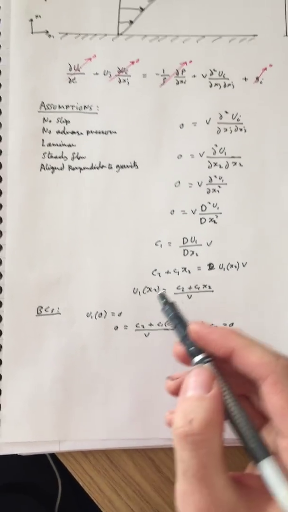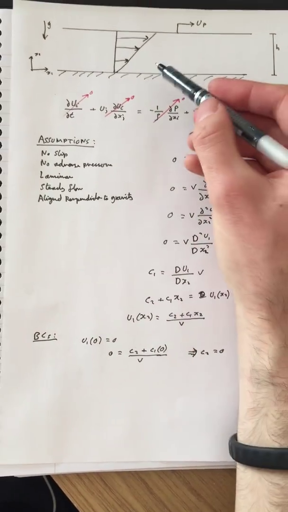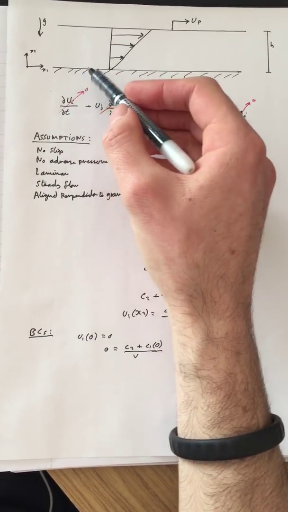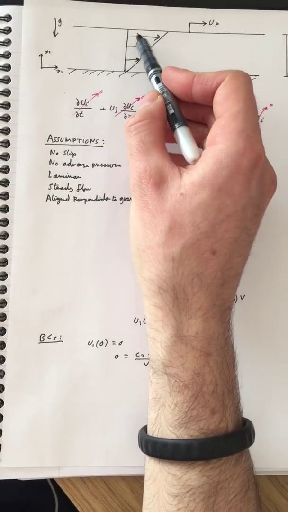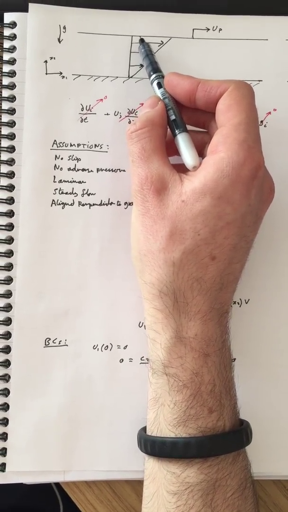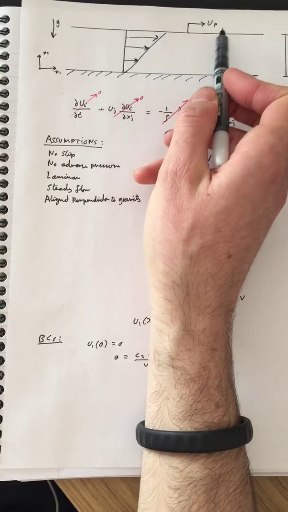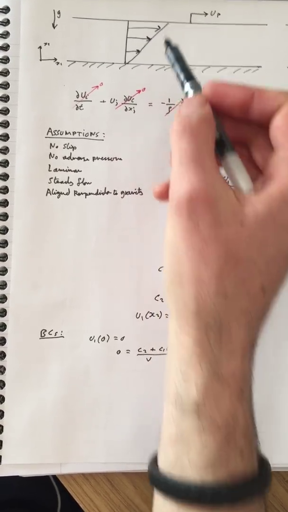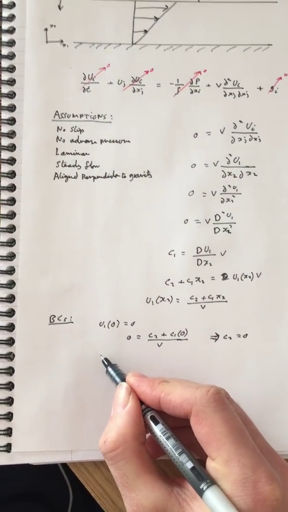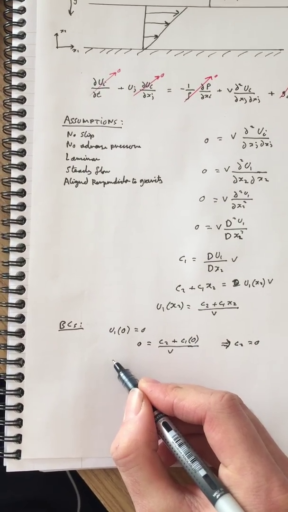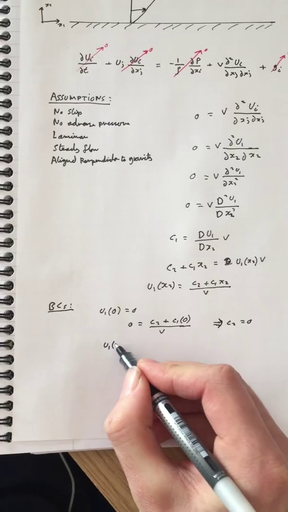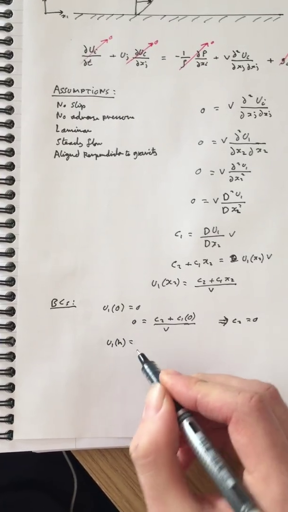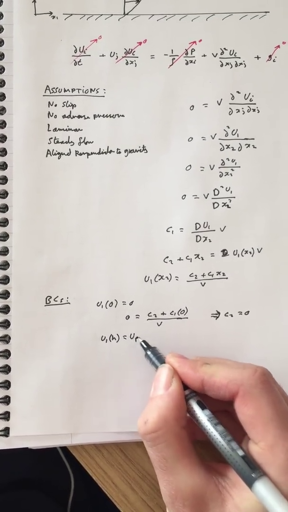Now our second boundary condition is that x2 is equal to h. The velocity is equal to the velocity of the plate. So we'll write u1(h) is equal to u plate.